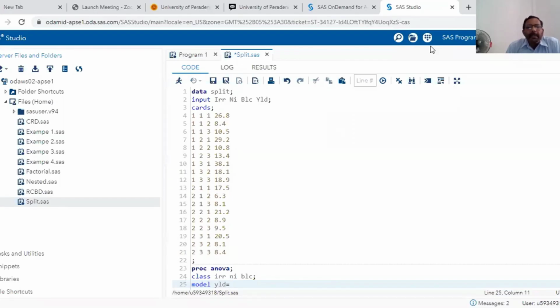No problem. You can look at the ANOVA table. Yes. Anyone?